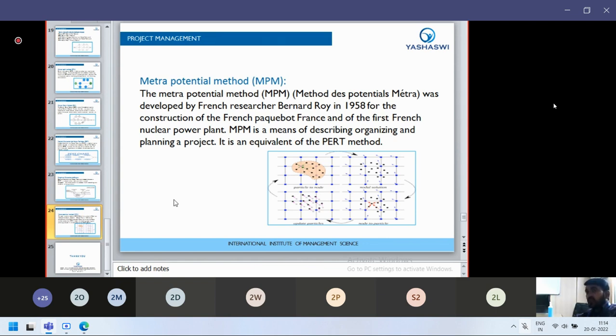It is the equivalent of the PERT method, Program Evaluation and Review Technique. It was developed by French researchers in 1958 for a nuclear power plant.